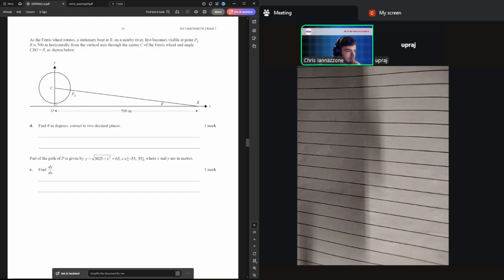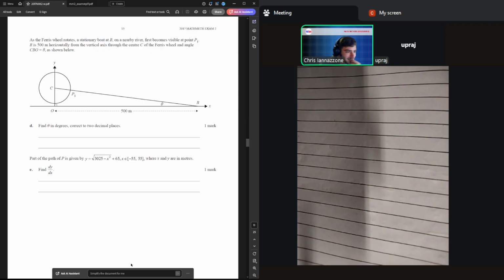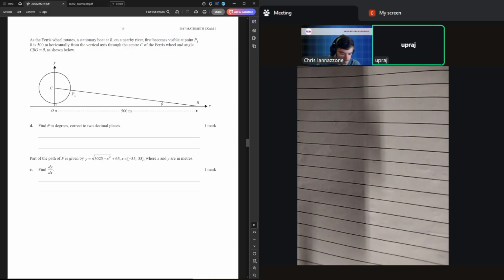Let me just do that real quick. Oh, still in radians. It should be 7.41 degrees. 7.41 degrees is correct.